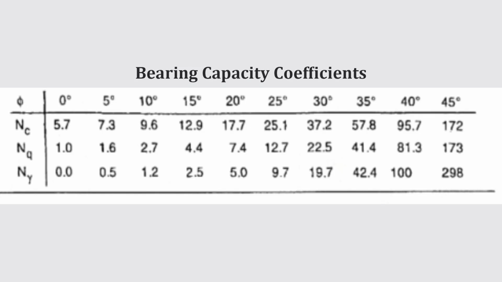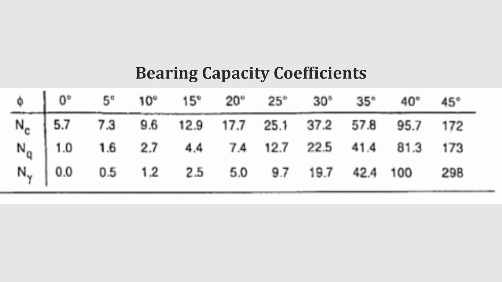On the bearing capacity factors table, we have our phi to be 32 degrees, right? So for 32 degrees, do we have it on that table?